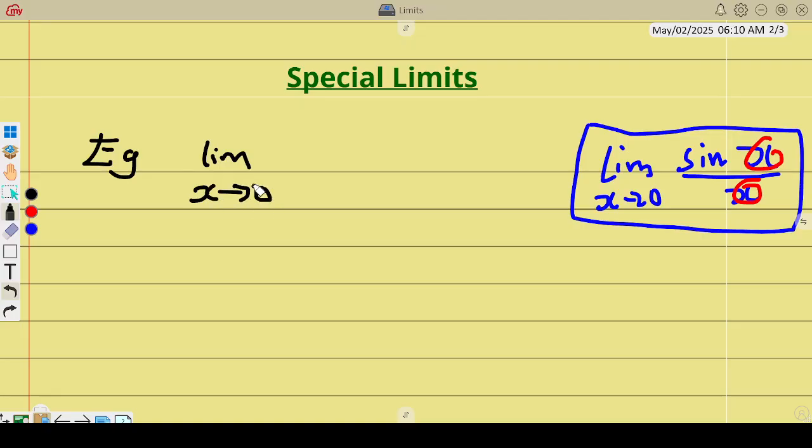So x is approaching 0, and then we have sine 5x over, what can I put, over cos, anything, cos 2x, like that. So in this case, we would first have to separate.